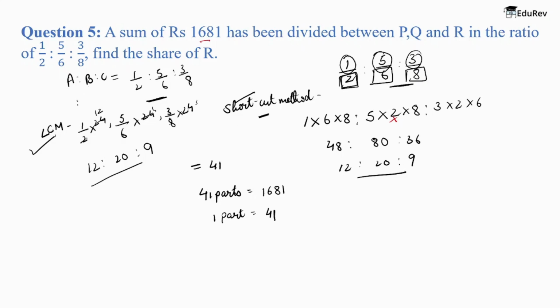Basically it's PQR. So R is 9. So R's share would be equal to 9 into 41, which would be equal to rupees 369. So this is the answer, right? So this is simple to calculate.